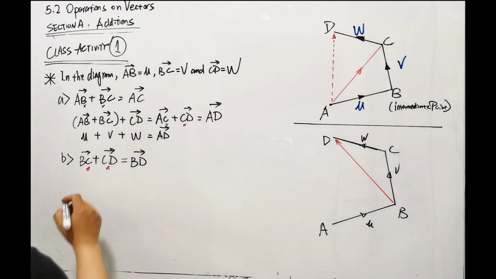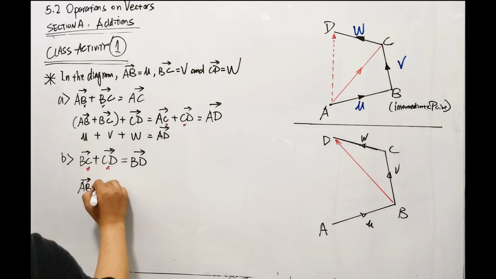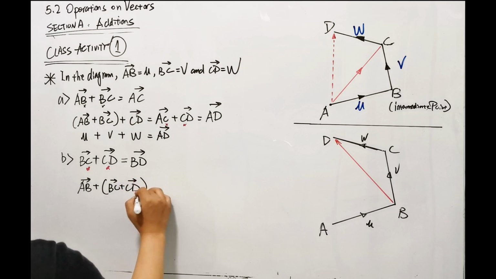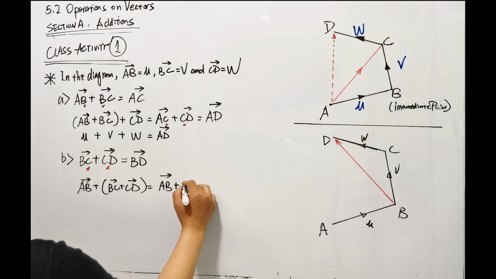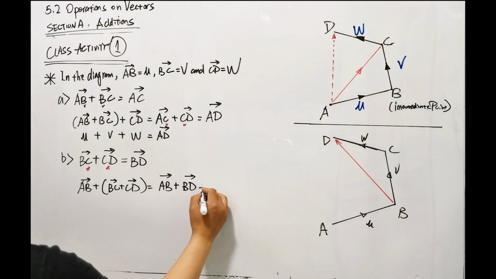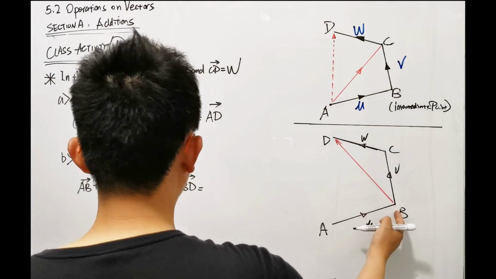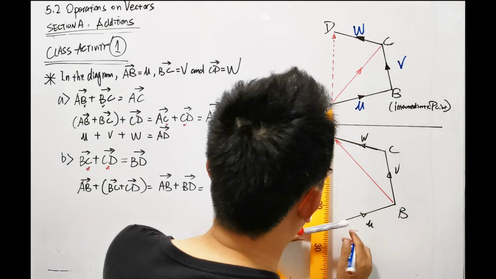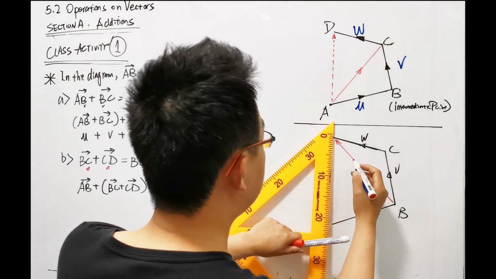The next one is this. Let's say AB plus, in brackets, BC plus CD. So we'll have AB plus BD, right? Again, the same thing, AB to BD. So B becomes the intermediate point, A is the starting point, and D is the ending point.